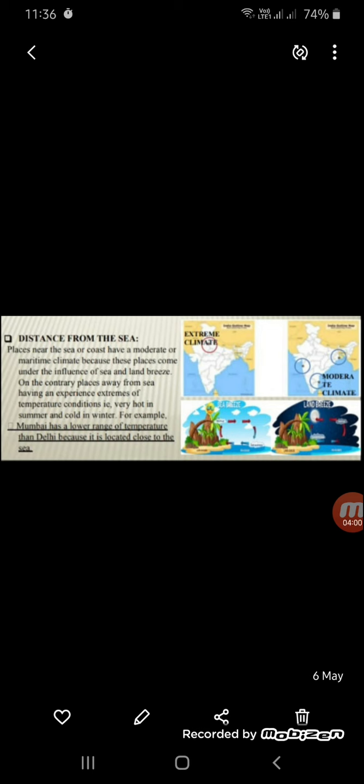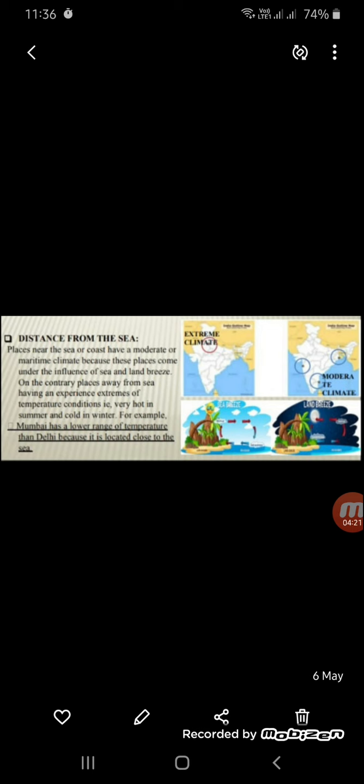The best example is Mumbai, which is located just next to the Arabian Sea and experiences a maritime or moderate climate throughout the year, whereas Delhi, which is located in the interior region of India, experiences a continental or extreme type of climate.